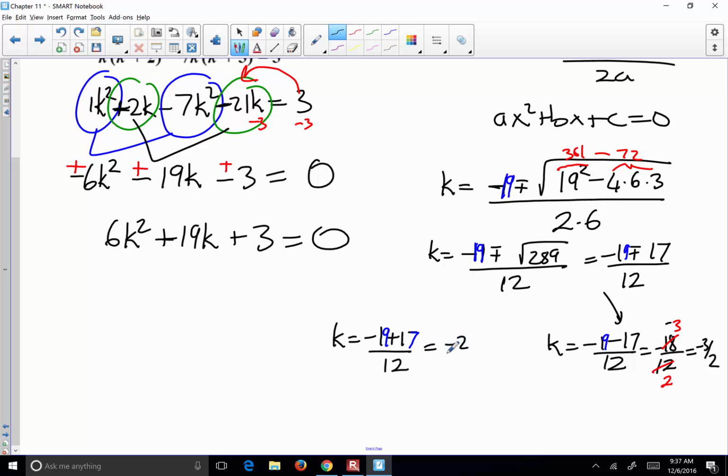That's minus 2 over 12. That's minus 1/6, cancelled by 2. And this is minus 36 over 12, and that's minus 3. Minus 1/6, minus 3.